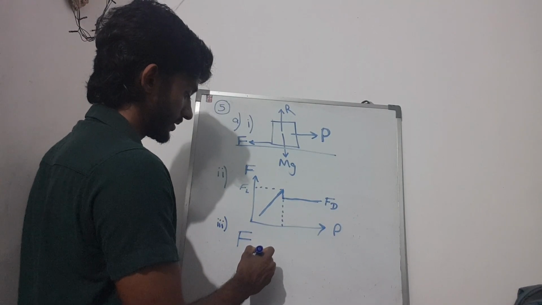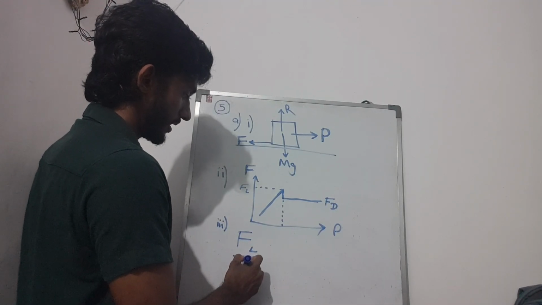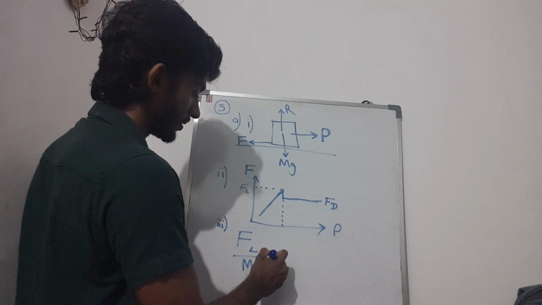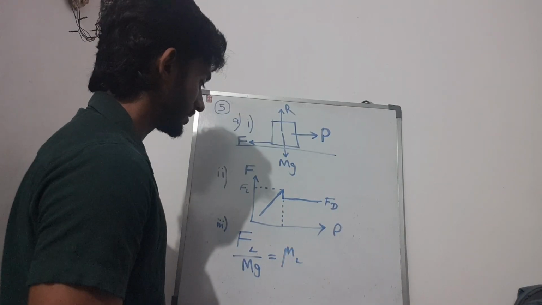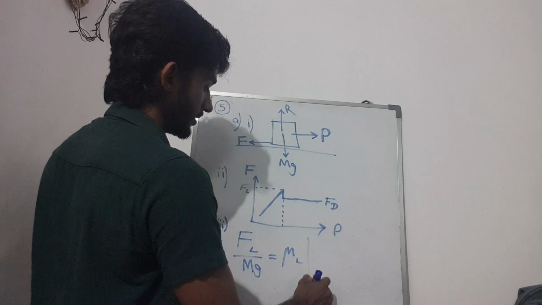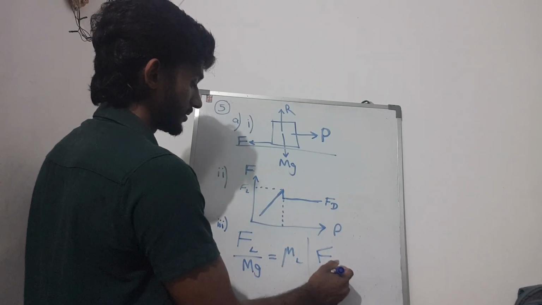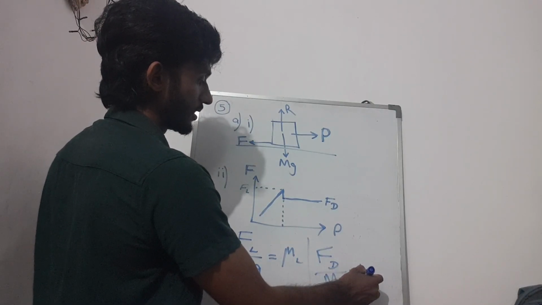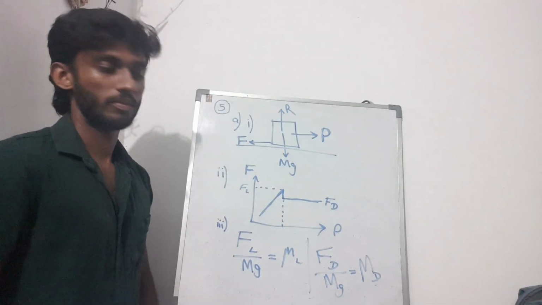Limiting friction over Mg equals limiting friction coefficient, and dynamic friction over Mg equals dynamic friction coefficient.